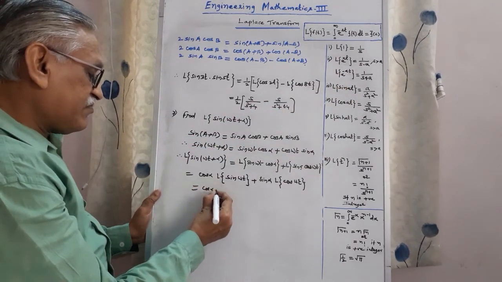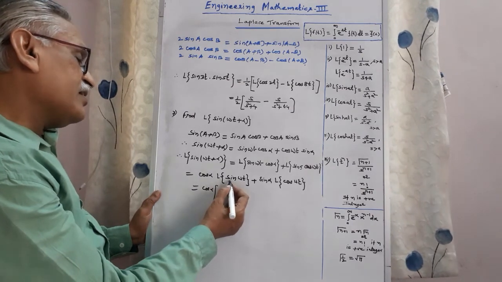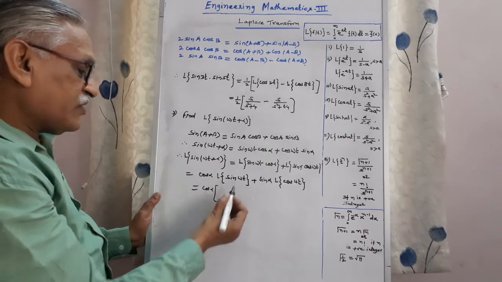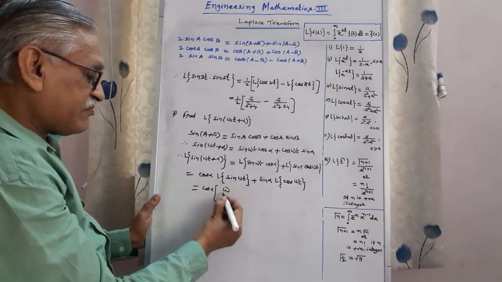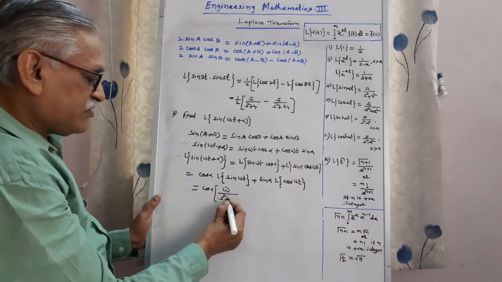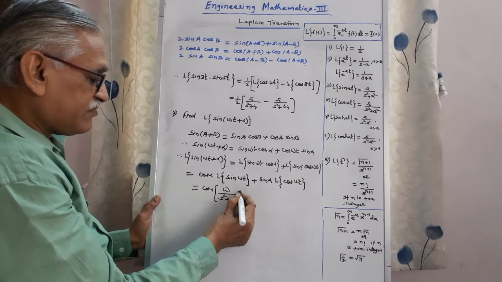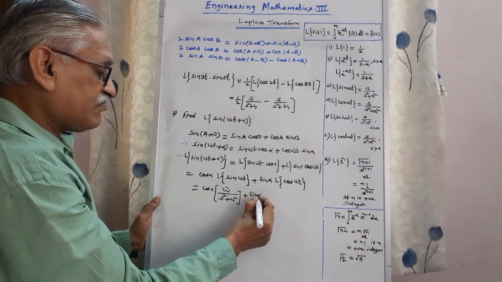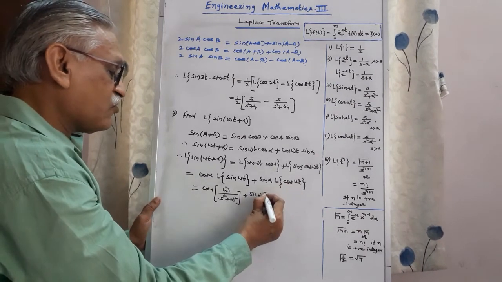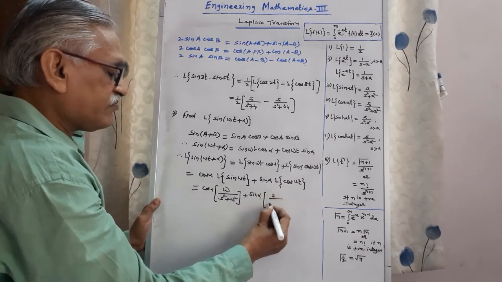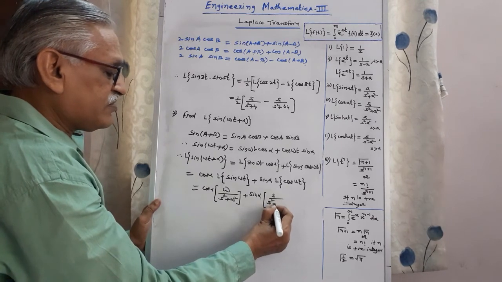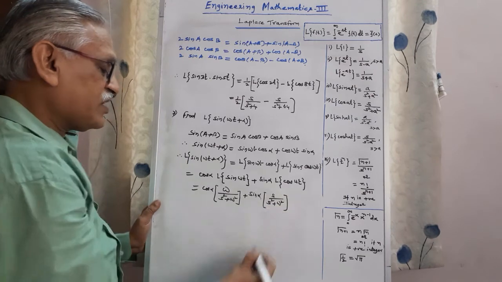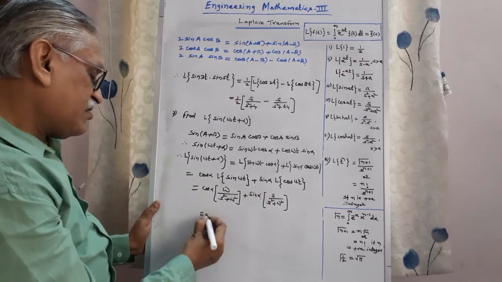cos alpha, applying that Laplace of sin at, a upon s square plus a square, a is your omega, so omega upon s square plus omega square, plus sin alpha, Laplace of cos at, s upon s square plus a square, here omega square.